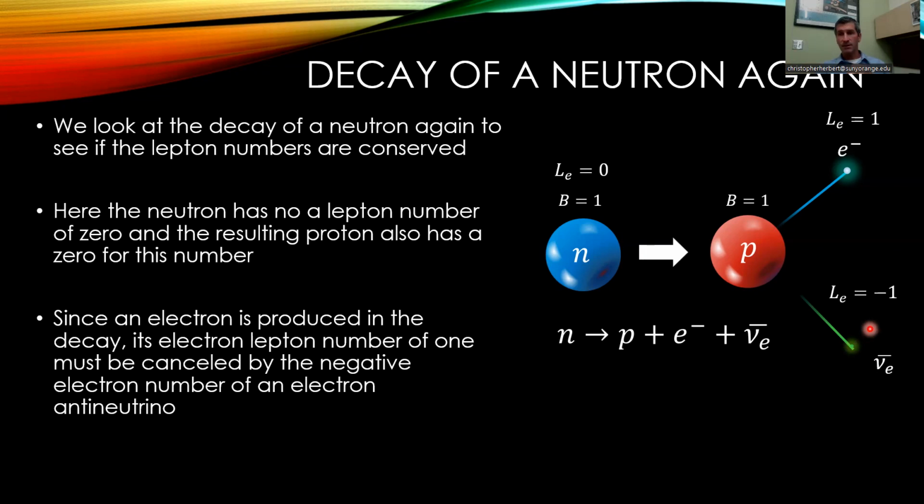And of course, this was the little neutral one, the neutrino, which is very hard to detect because it only interacts through the weak force. So it wasn't until much later that we were even able to confirm the existence of this particle. Again, this conservation number predicts that it should happen. We should produce an anti-lepton.